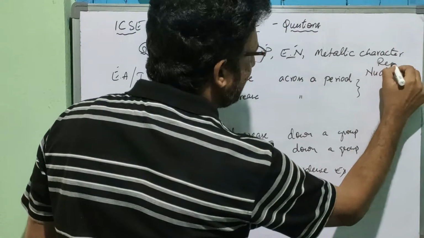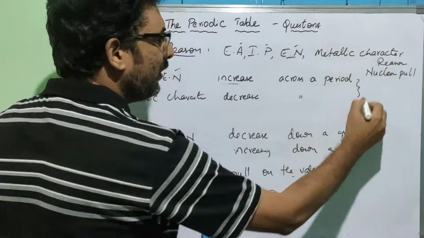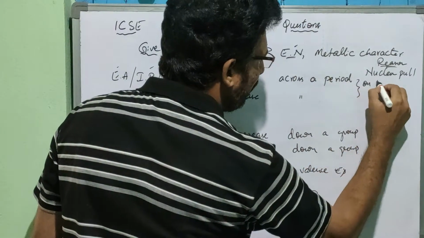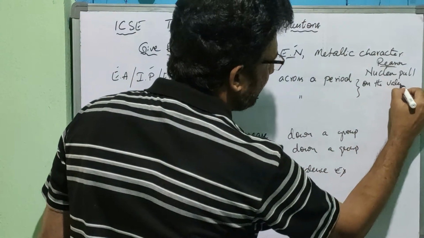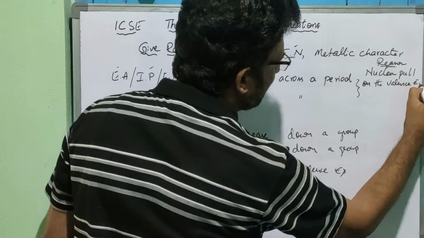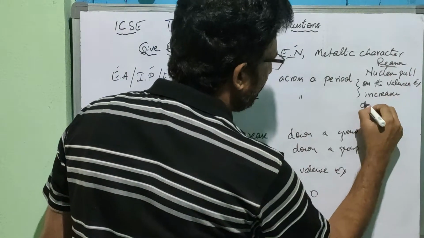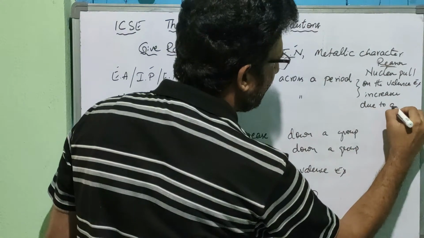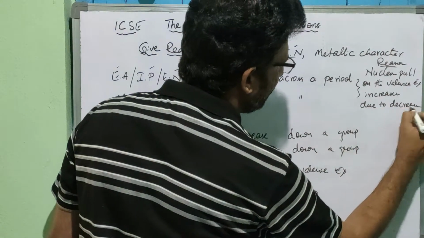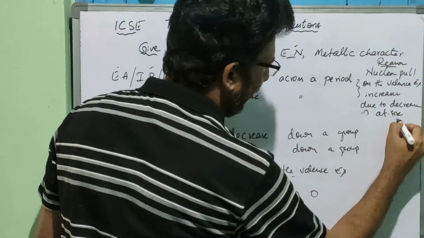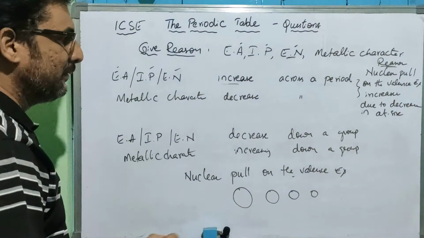I'm writing the reason here. The nuclear pull on the valence electrons increases due to decrease in atomic size or atomic radius, you can write.